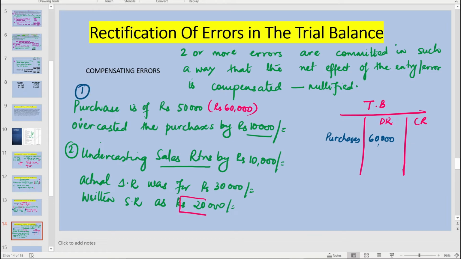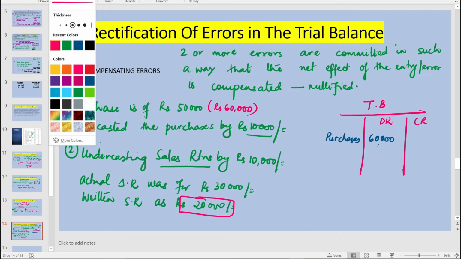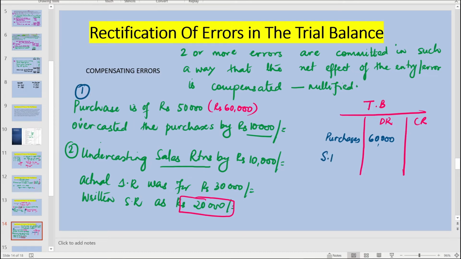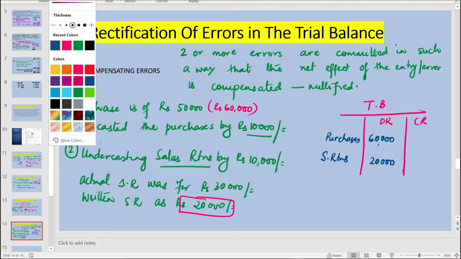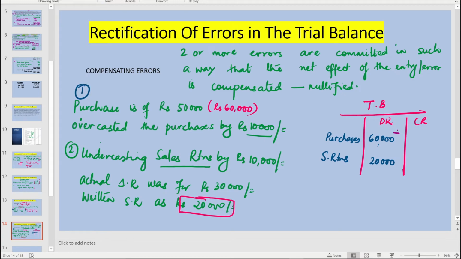So purchases is increased by 10,000 and sales return has reduced by 10,000. This increase and reduction of 10,000 has nullified the error, and that's why they are called compensating errors. All right.